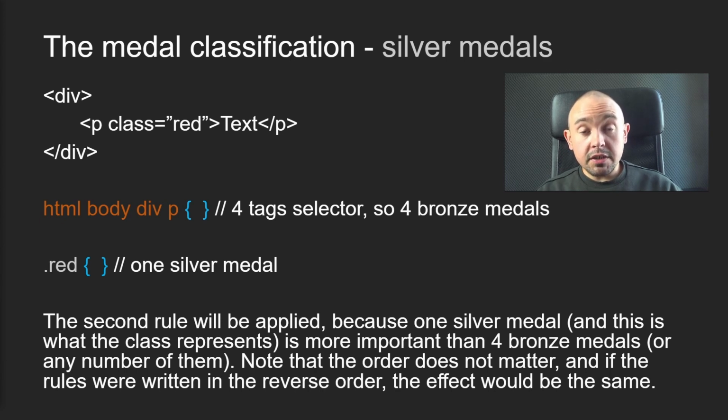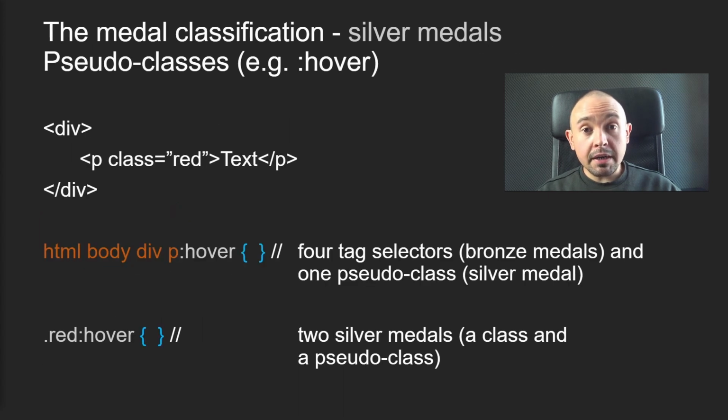As you can see, the use of a class is not only shorter, but also more convenient and cleaner in the code. Using classes for our selectors is also the most popular way of referring to the elements we want to style. Silver medals apply not only to the classes, but also to the pseudo classes.